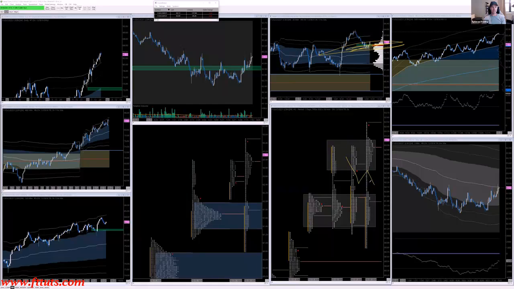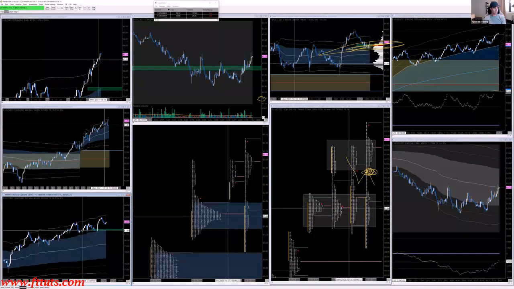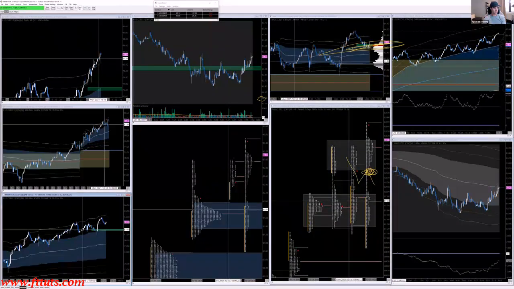And is it a concern if we were maybe thinking of a short scenario here around 82.40s? No, it's not, because here's 82.40s, and I need my global crosshair. Sorry. Monthly developing value high is 81.80.